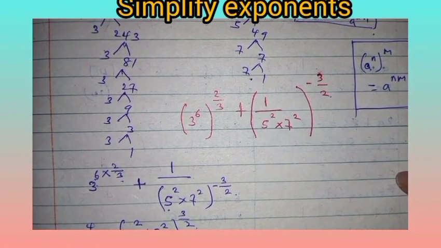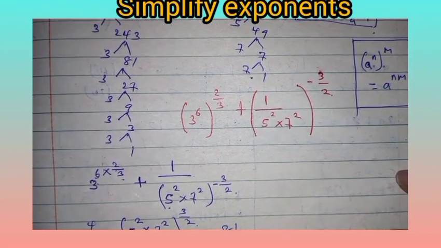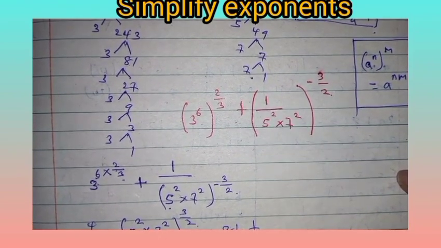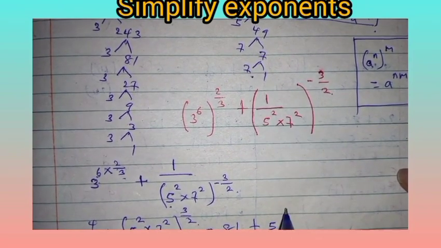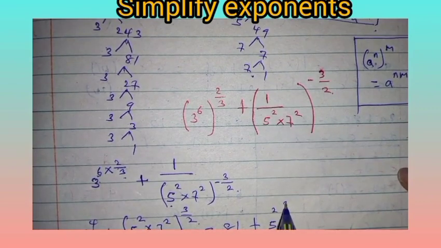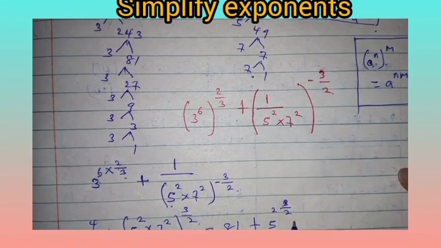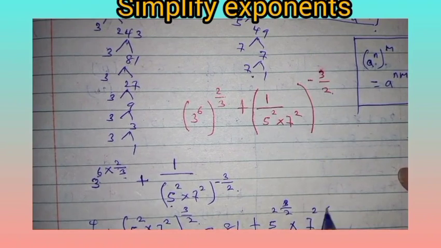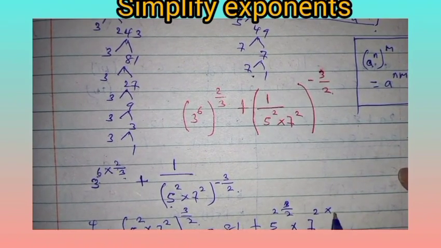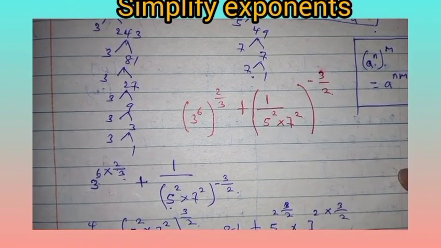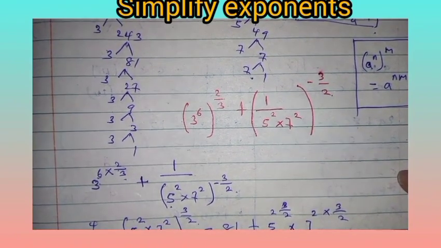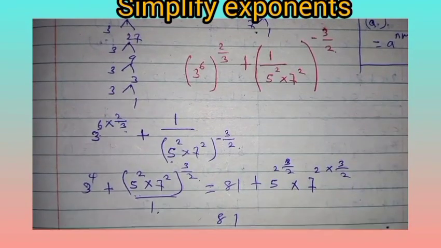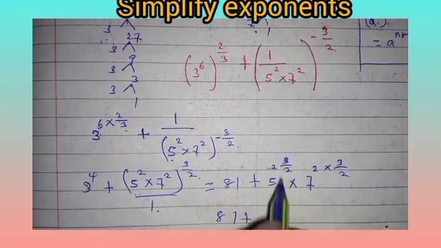This is the same as when you have 3 power 4, it will give you 81, plus when you multiply here, you will have 5 squared power 3 over 2 times 7 squared power 3 over 2. This is 81 plus, so this 2 and this 2 will cancel.